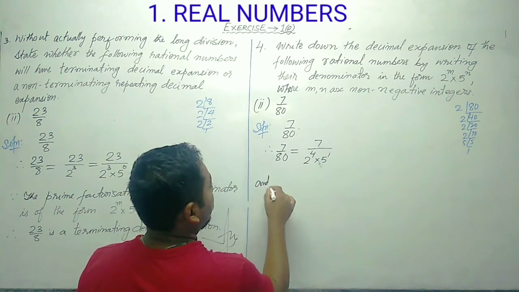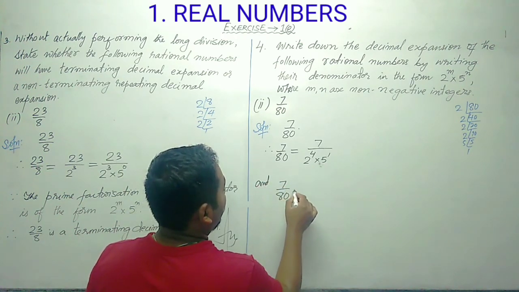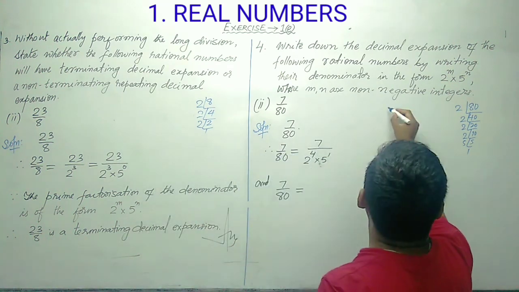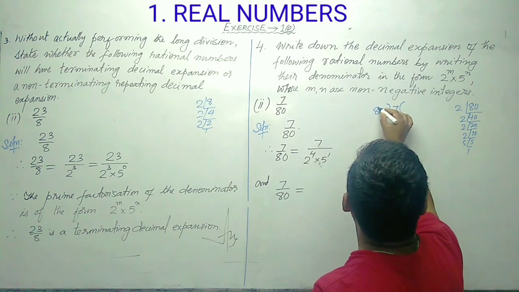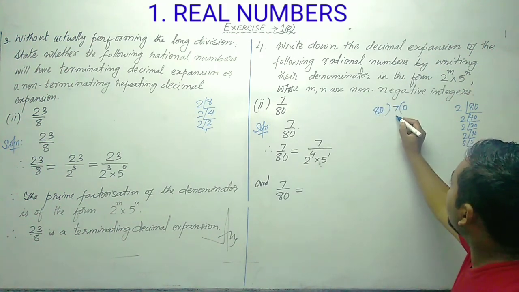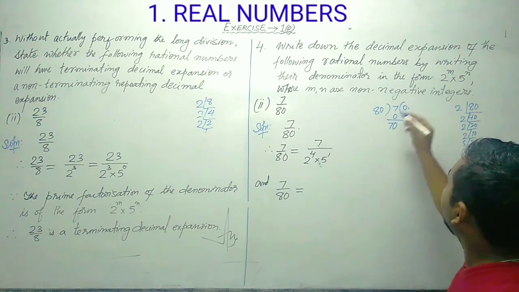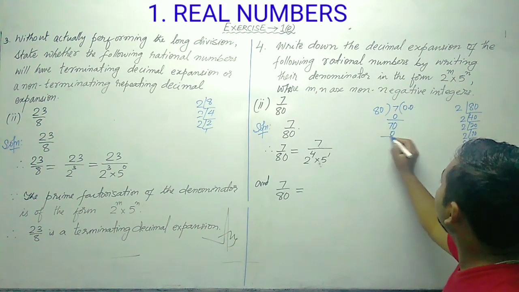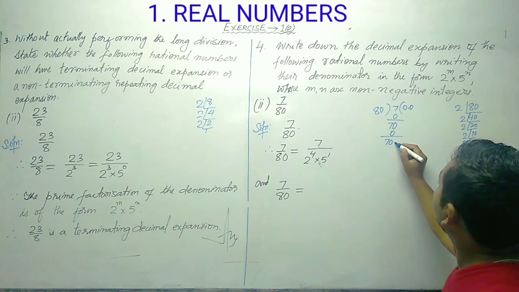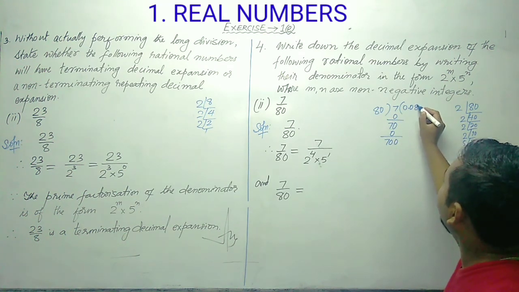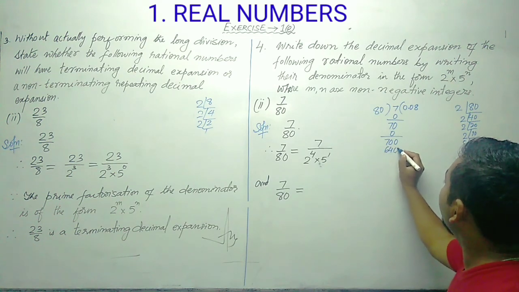And let us divide 7 by 80. 80 zeros are 0. 7, put a point, 0. Again you cannot do, 80 zeros are 0. Again 70. Now put here 8. 8 eights are 64, 640.